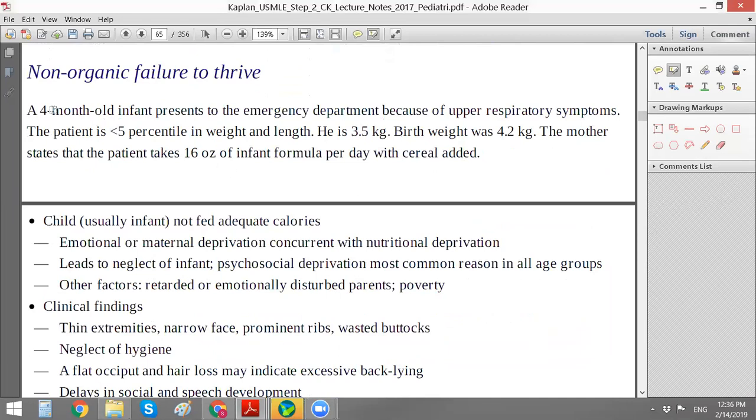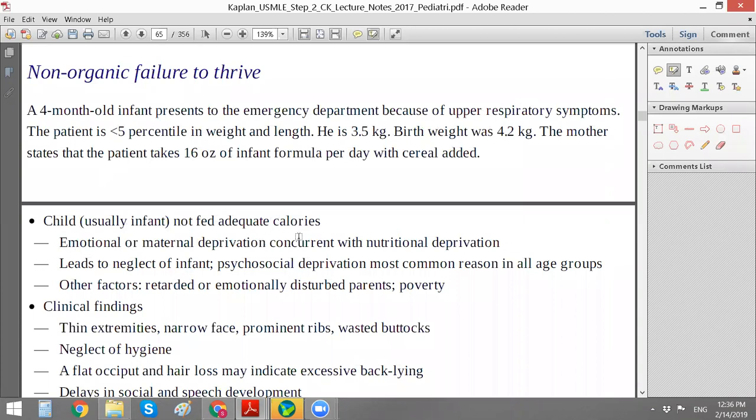Non-organic failure to thrive: a 4-month-old infant presents to the emergency department because of upper respiratory symptoms. Patient is less than the 5th percentile in weight and length. He is 3.5 kg. Birth weight was 4.2 kg. Mother states that the patient takes 16 ounces of infant formula per day with cereal added. The infant is not fed adequate calories.